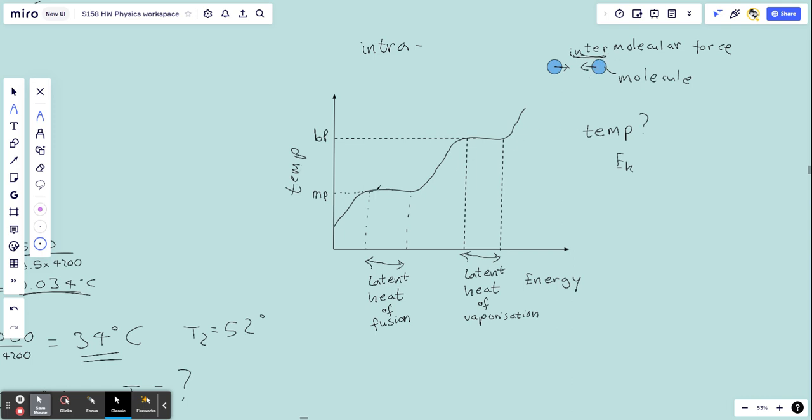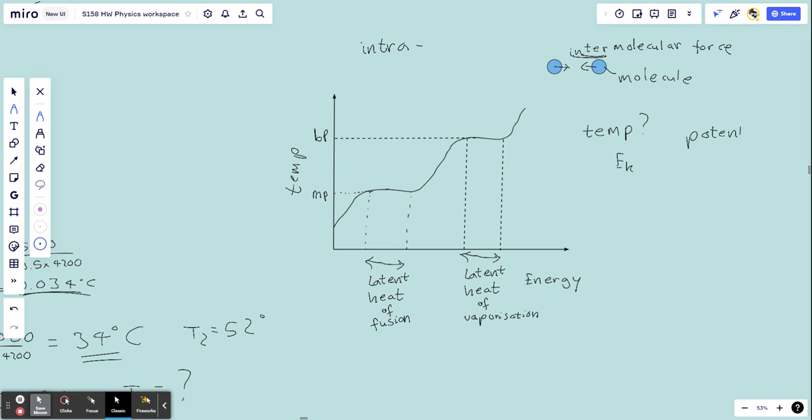So the energy that's being given for it to melt is essentially providing them the ability to overcome these forces. And when they do that, they don't actually move any faster. They just have enough energy to eventually overcome these forces. And the energy that they gain is actually known as potential energy.